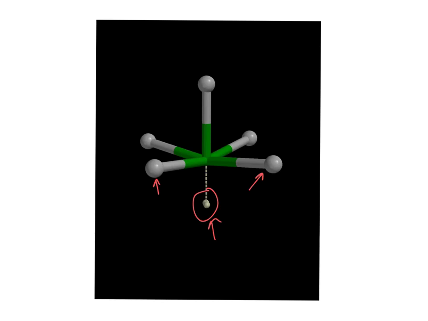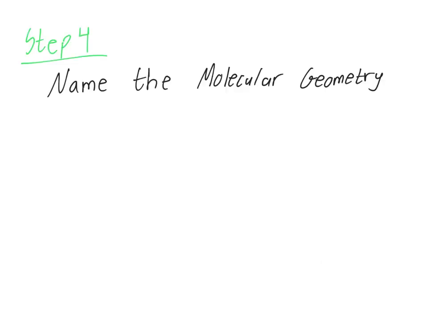In the VSEPR model, since it's like a square on the bottom, and you have a fluorine on the top, it looks more like a pyramid.